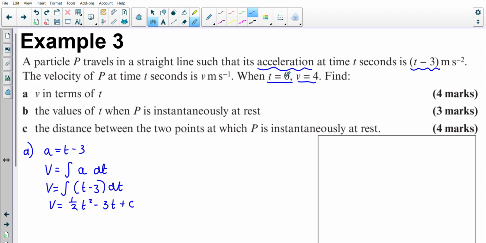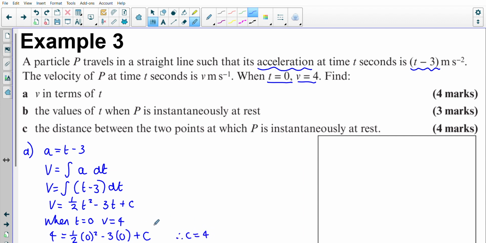And they've given us a point here, like you would with normal integration. So when t is 0, v is 4, so if I sub that in, I can see that c is 4.